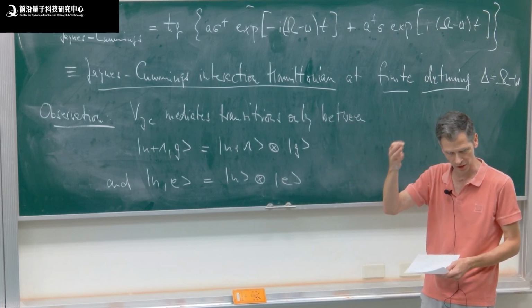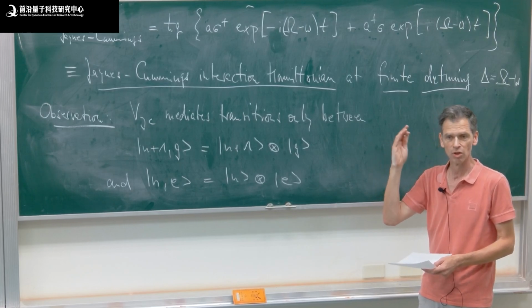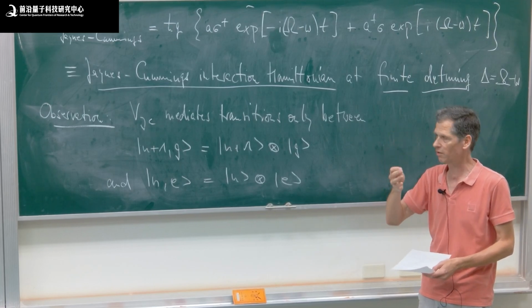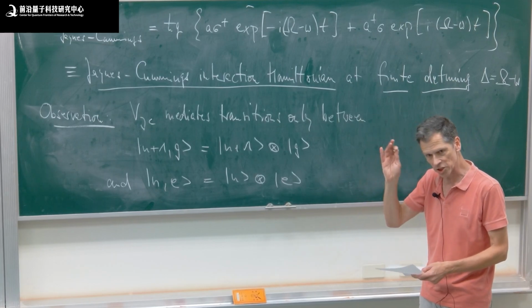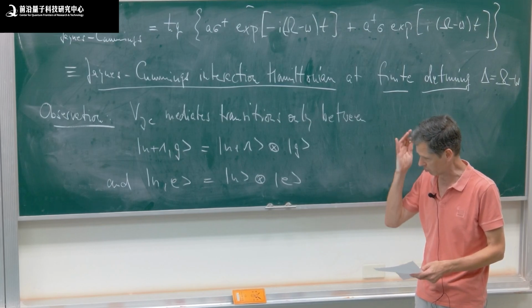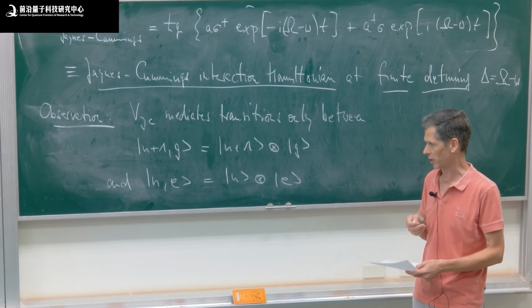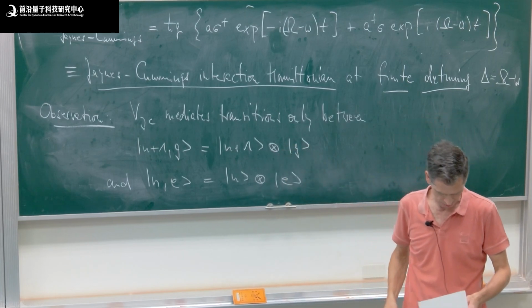That's another jargon word which I just used, counter-rotating. The terms which are slow are called co-rotating, and the counter-rotating are the rapidly oscillating terms. And again, this rotation will become clear when we are at the Floquet picture, this terminology of counter-rotating and co-rotating. So you're always only coupling these manifolds.